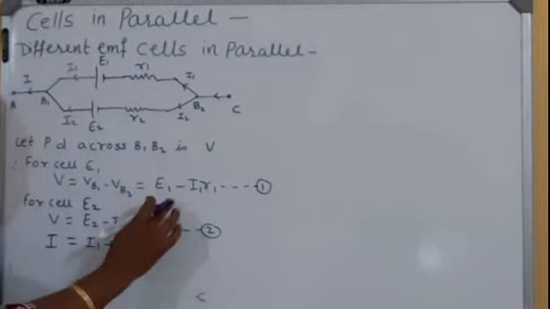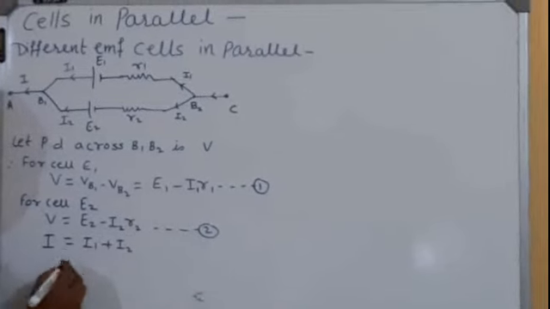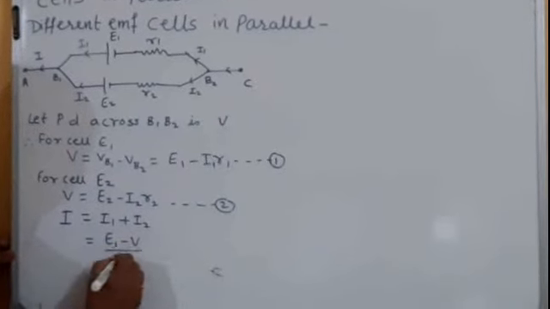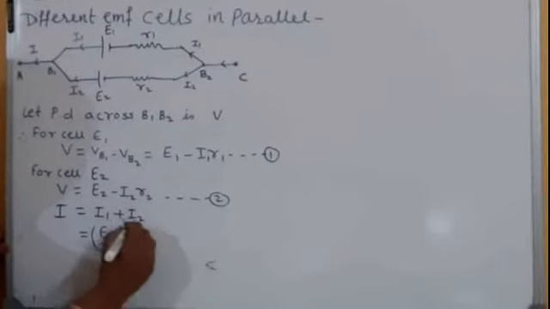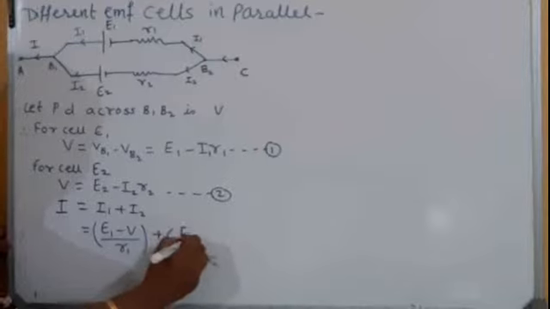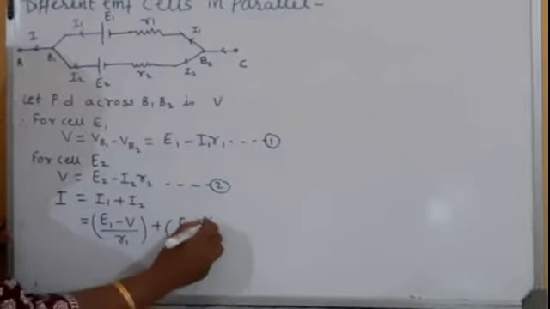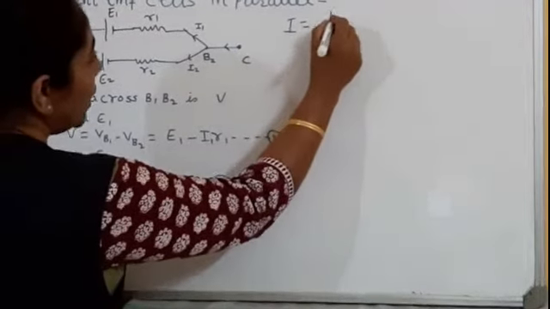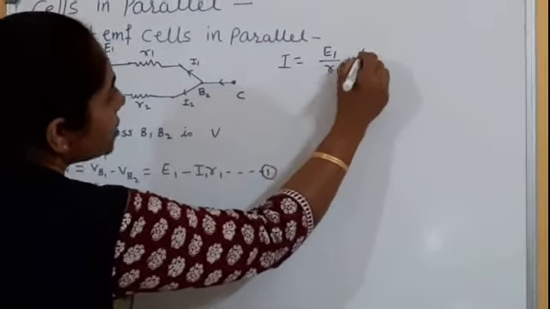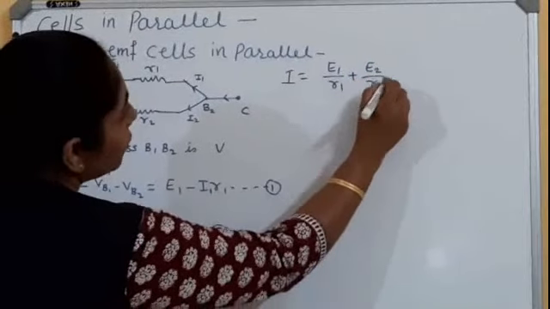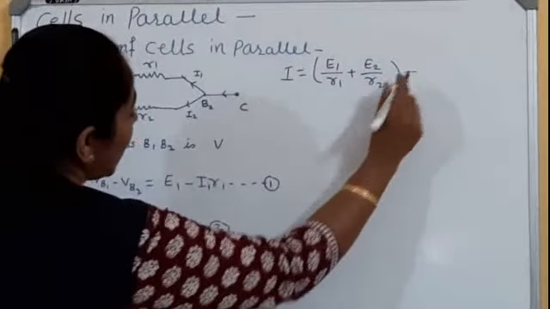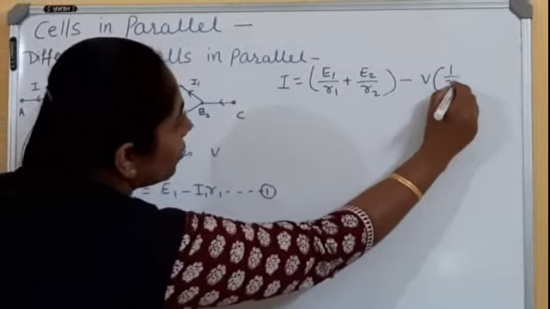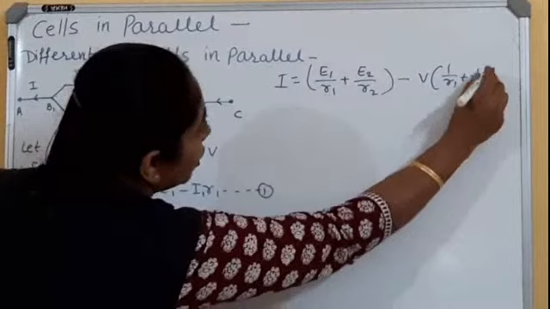Now write the values of I1 and I2 from equation 1 and 2. I1 from equation 1 is E1 minus V upon r1. And I2 is E2 minus V upon r2. Rearrange your equations. So we will get I is equal to E1 upon r1 plus E2 upon r2, minus V common, so V times 1 upon r1 plus 1 upon r2.